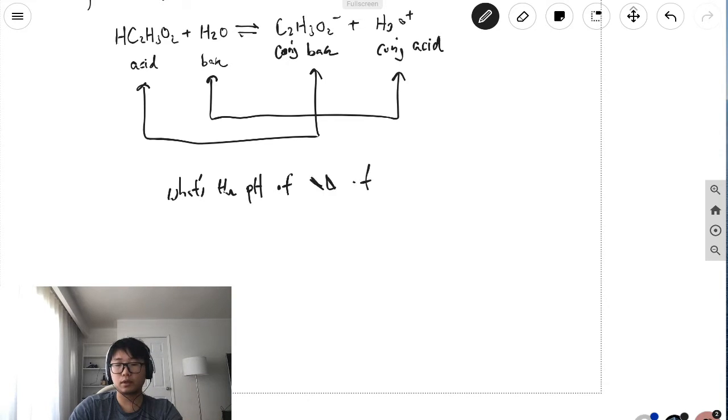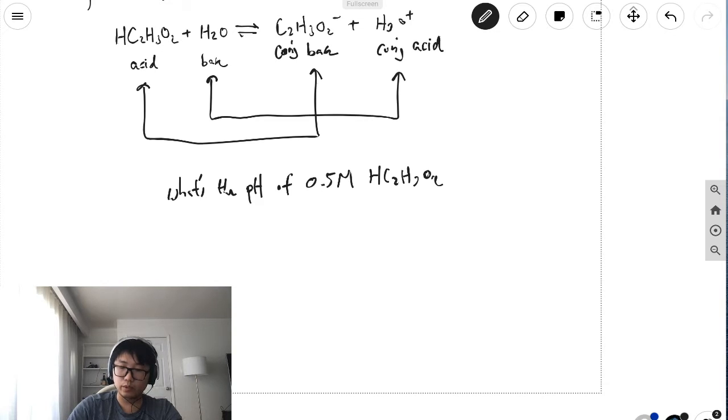I'm just going to give you a concentration. I was going to give you moles and volume, but you know how to calculate concentration from moles and volume. You just divide them, right? Yeah, that part you remember. So I'm just going to give you the concentration of, how about 0.5 molar, so that's moles per liter, of HC2H3O2.